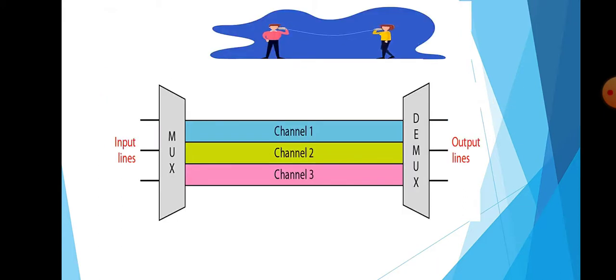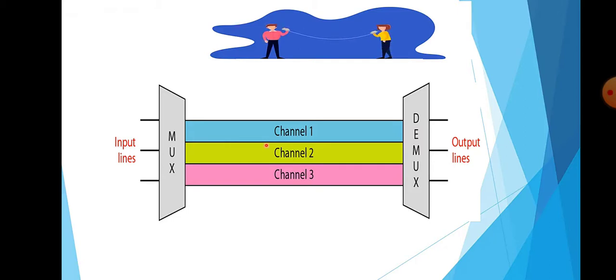In the case of frequency division multiplexing, we can consider n input lines along with a multiplexer block and a demultiplexer block. In the case of FDM, the input signals are modulated onto different carrier frequency signals. Those different carrier frequency signals can be combined into one signal, and that one signal can be transmitted through the link.